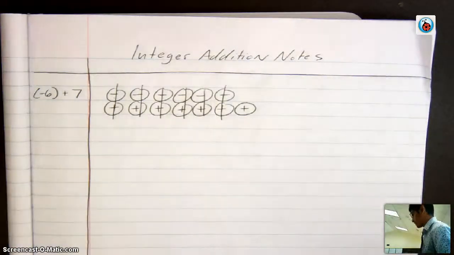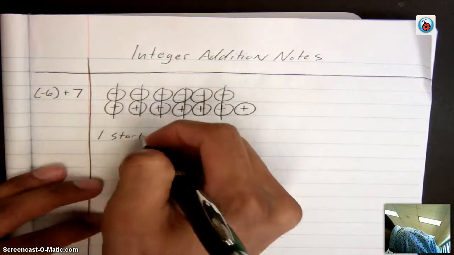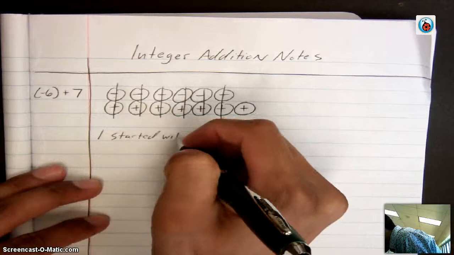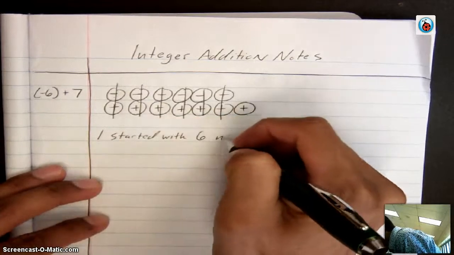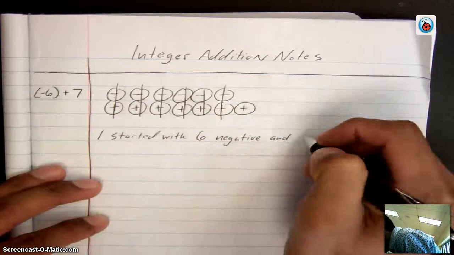We're going to write it out like we did today in class. I'm going to write: I started with 6 negative and 7 positive.